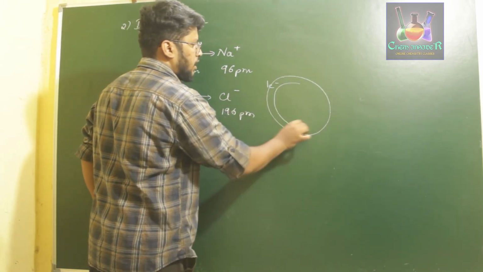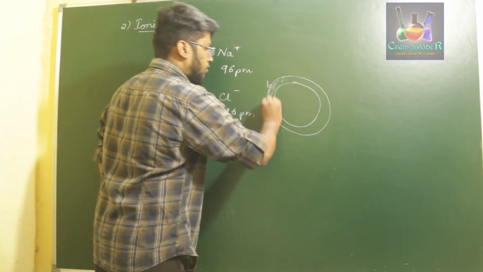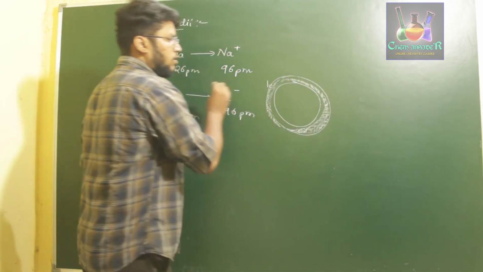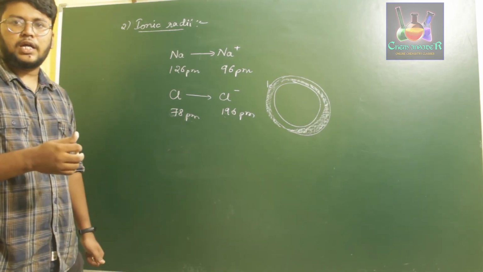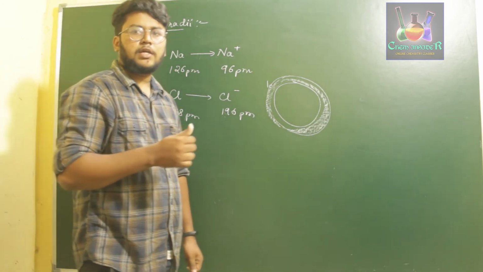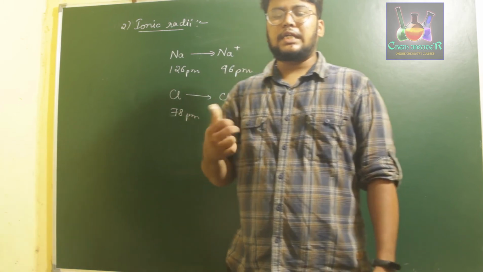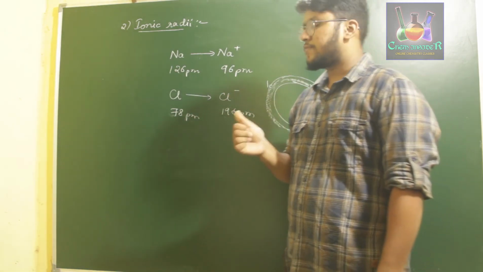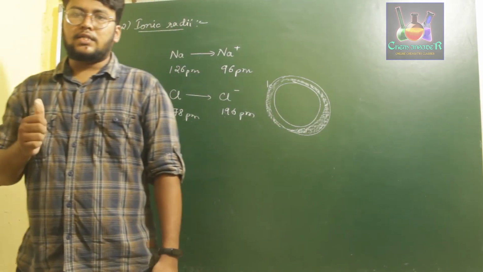The electron will be revolving around the 7-electron shell of chlorine in this fashion, so its radius increases. So we observe that if an element forms an anion, its ionic radius increases. If an element forms a cation, its ionic radius decreases.